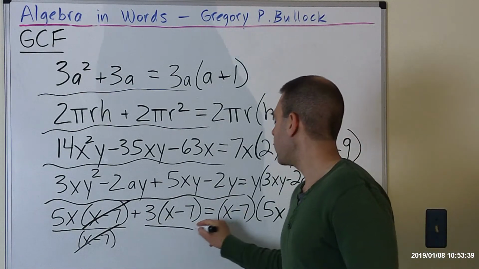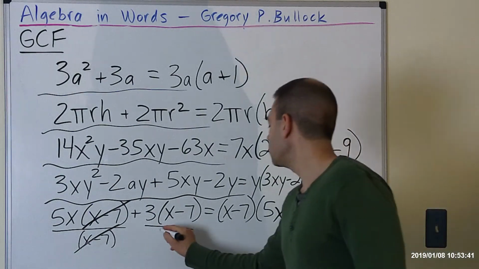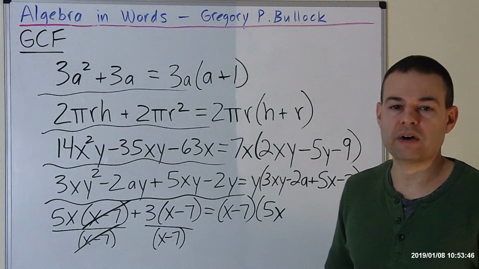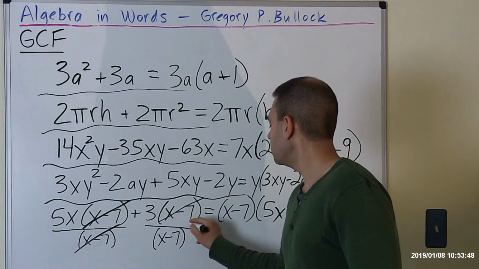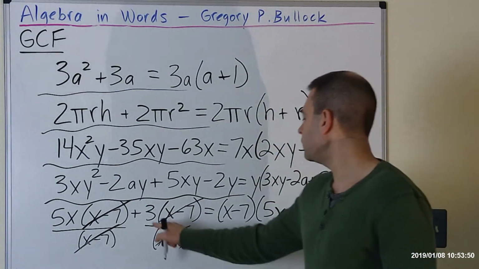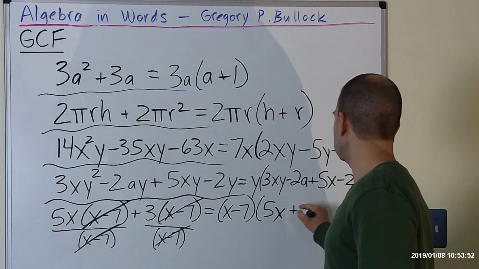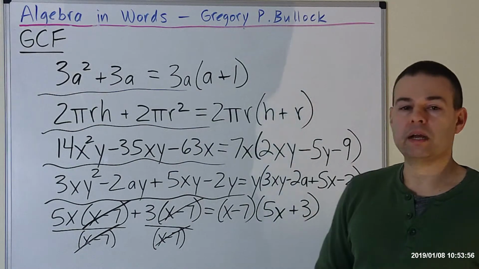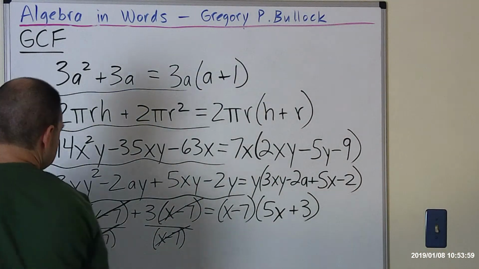Once again, divided by the greatest common factor, x minus 7. Remember, it's also like the greatest common divisor. We're dividing it. It cancels out to 1, leaving 3. The 3 goes here.